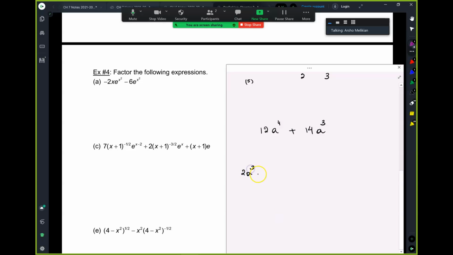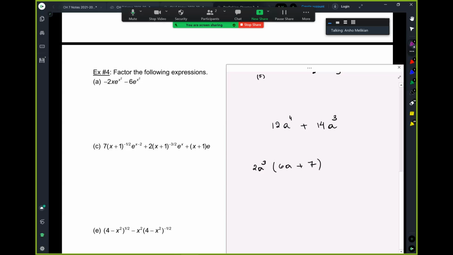2a to the third. Okay? So, how do you know to factor out a to the third and not anything else? That's the smallest valued exponent, right? And so, what do we get when you factor here? Plus 7, right? Okay, you do that instinctively.